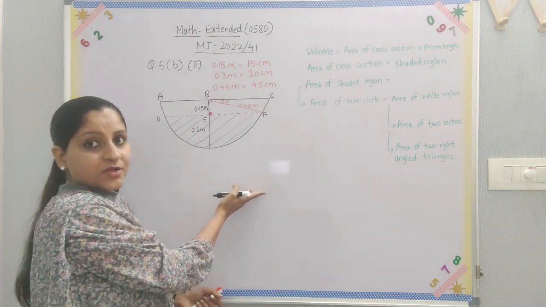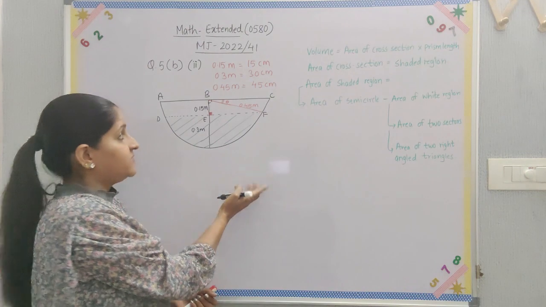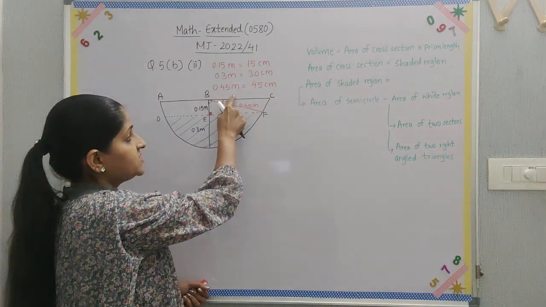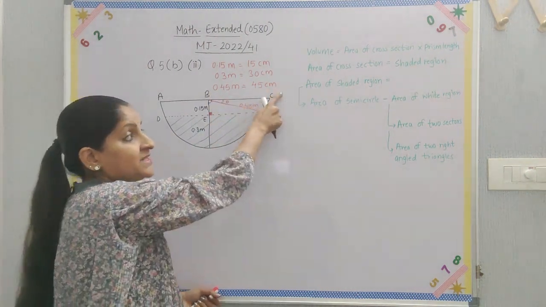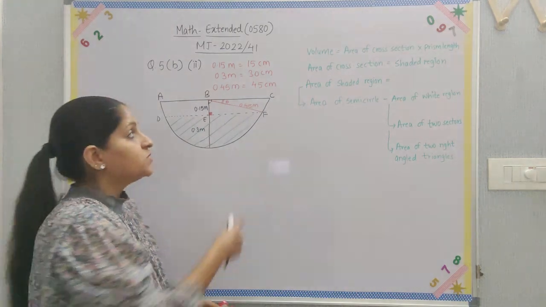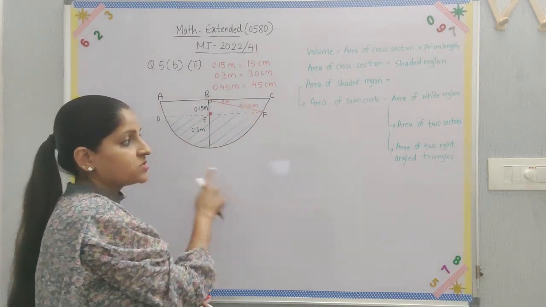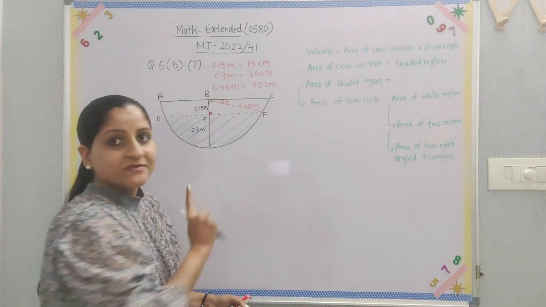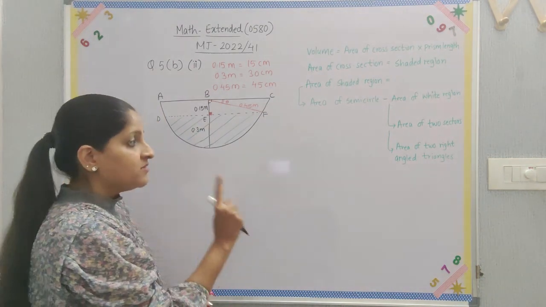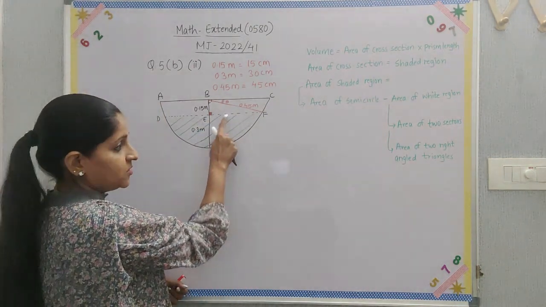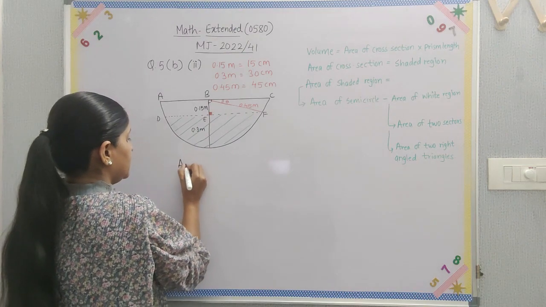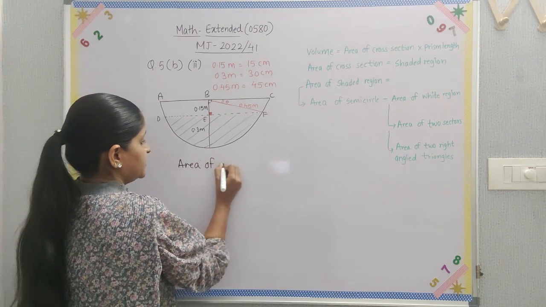To make our calculations even simpler, I have converted all of these measurements into centimeter, and henceforth we will be using the values in centimeters to calculate all of these required things. First, we are starting with area of right angle triangle.